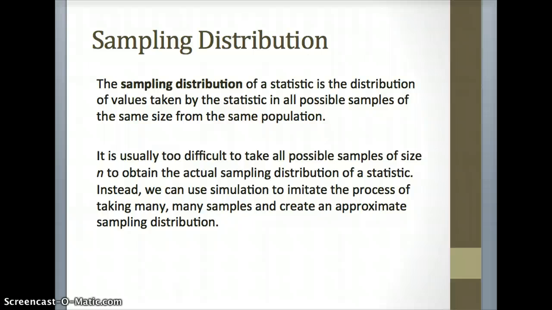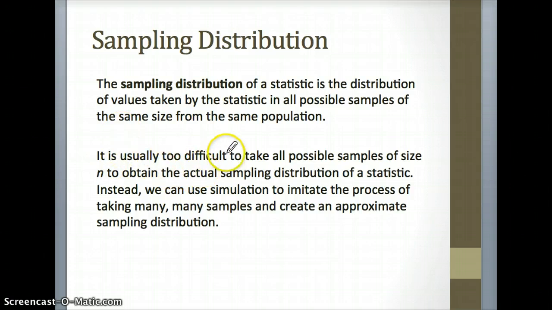So like taking 35 samples, all of size 20 from that same bin of the 200 chips. The only difference is that we're going to be taking many, many samples. If your population's as big as 200 and you're taking a sample like 20, you're going to want to take way more than 35.